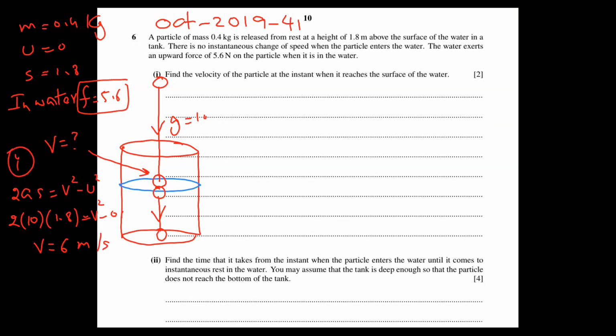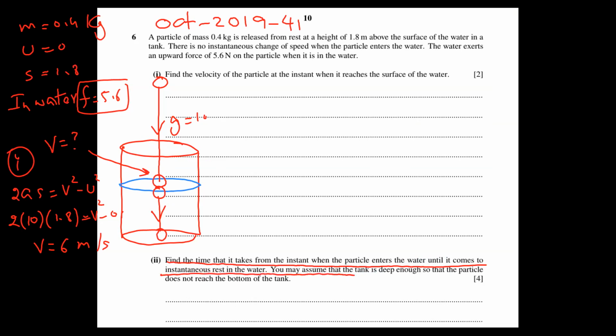Part number 2 is very interesting. Find the time it takes from the instant when the particle enters the water until it comes to rest in the water. It means it enters inside with speed 6.